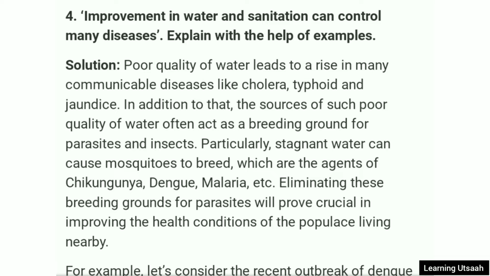Particularly, stagnant water can cause mosquitoes to breed, which are the agents of chikungunya, dengue, malaria, etc. Eliminating these breeding grounds for parasites will prove crucial in improving the health conditions of the populace living nearby.